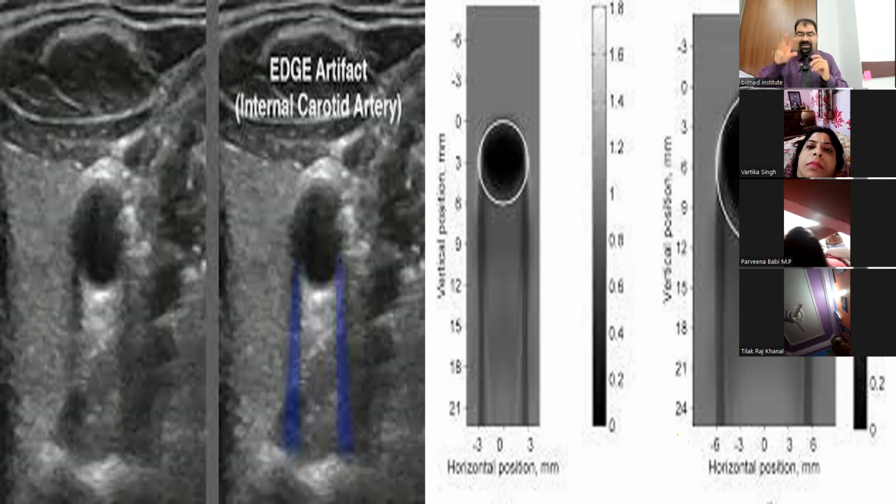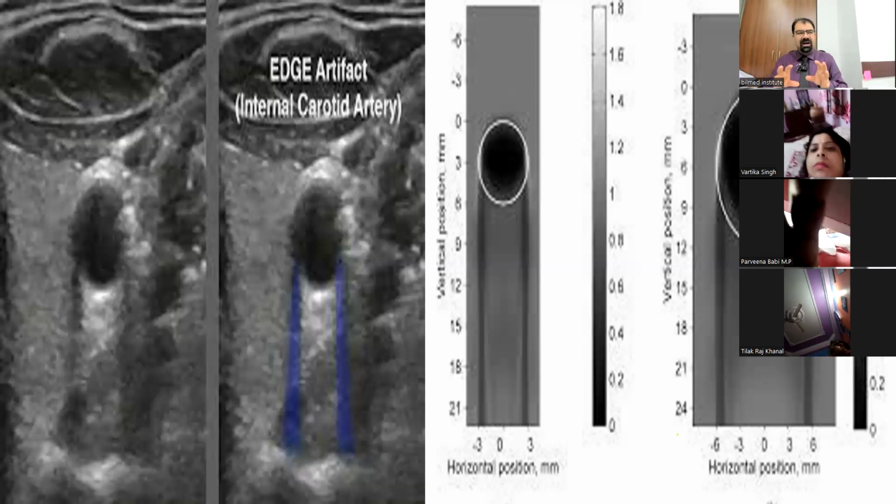How to differentiate whether this is a calculus or I am having something hyperechoic somewhere in the kidney, maybe in the pyramid, in medullary nephrocalcinosis? I am having a hyperechoic medulla. How to differentiate it?